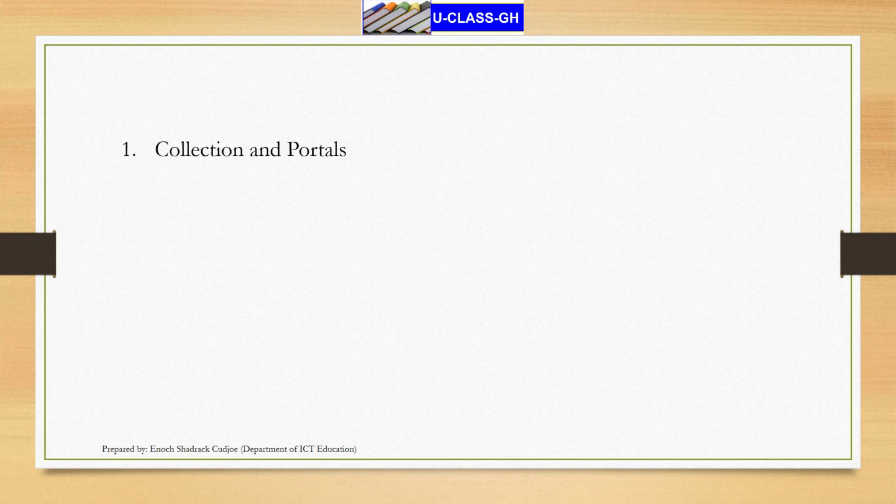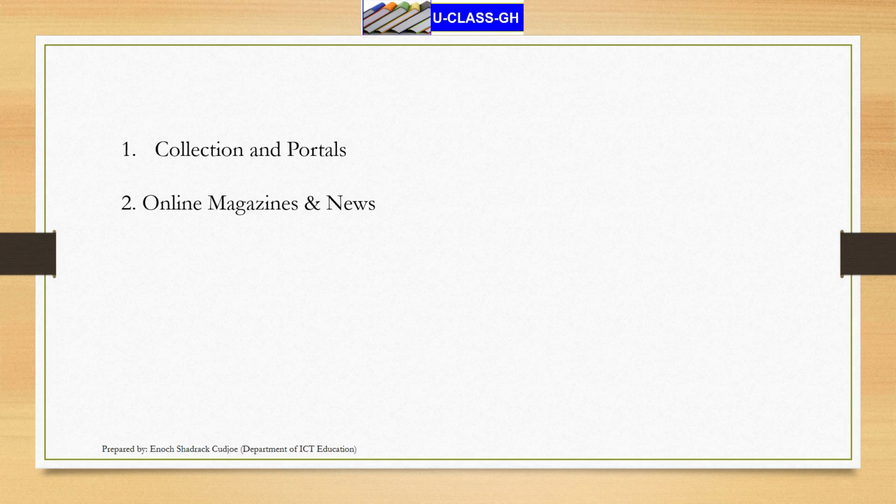Now, collections and portals, these are websites that keep records of photos, speeches, essays, articles, arts, documents, recordings, and so on and so forth. So you can visit such websites and then look at the speech that is relevant to your topic. You download it and you use it in your assignment or your activity. As simple as that.